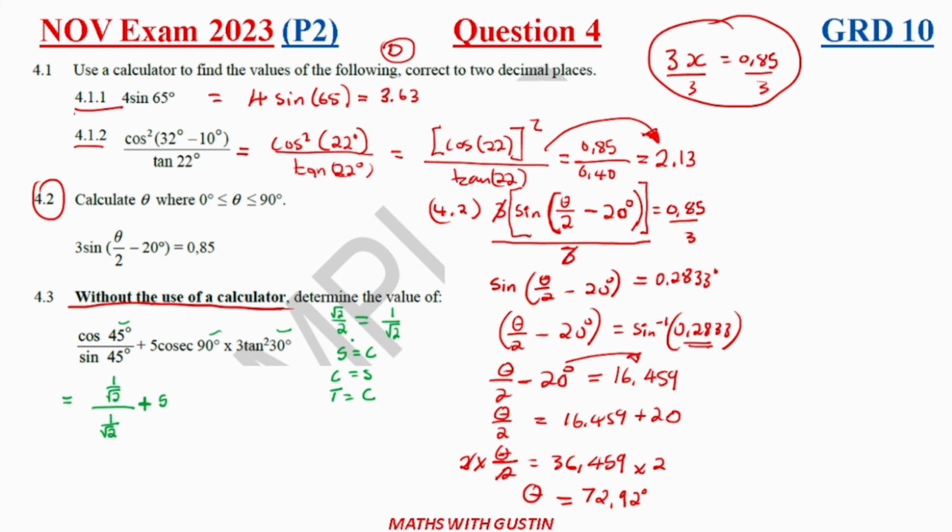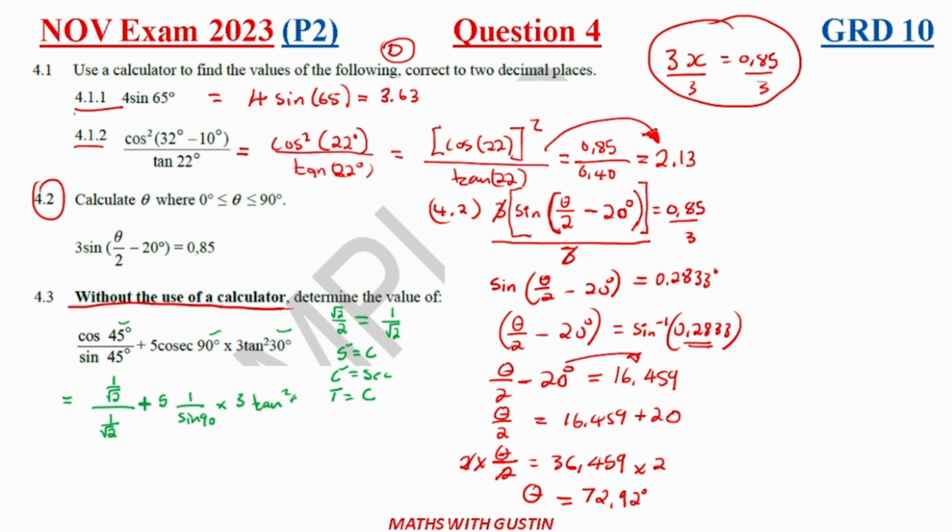The only thing you need to remember is S goes with C, C goes with S. You just have to know that this one is for sine, it goes with cosec. This one is for cos, it goes with sec. So now here is going to be 1 over sine 90, and then times 3, which is going to be tan squared 30.